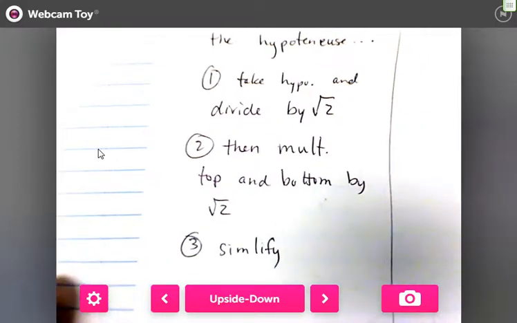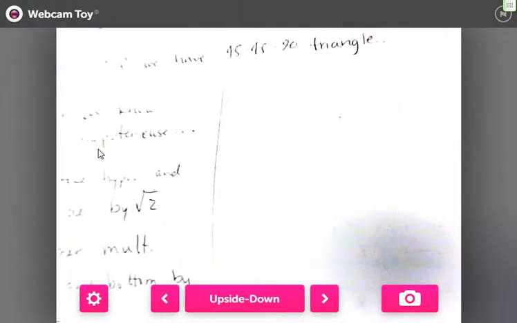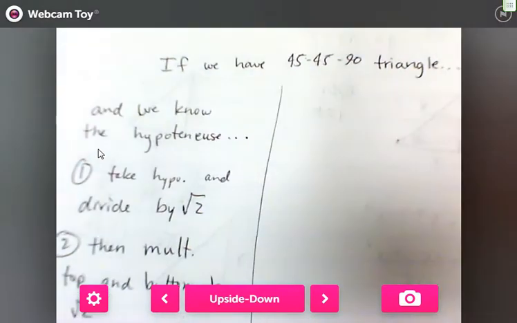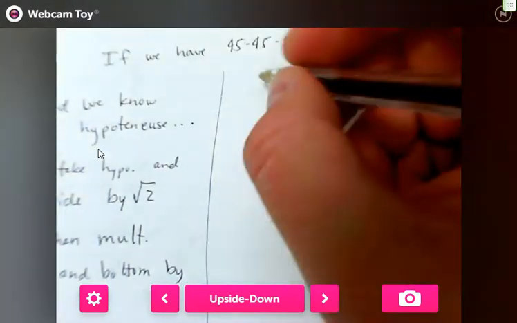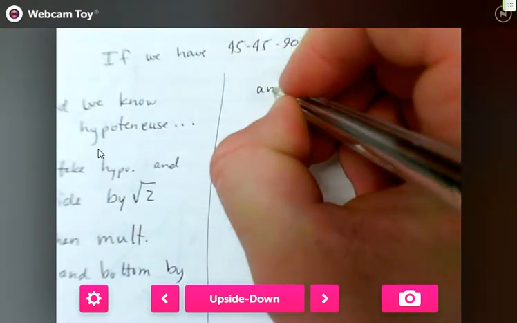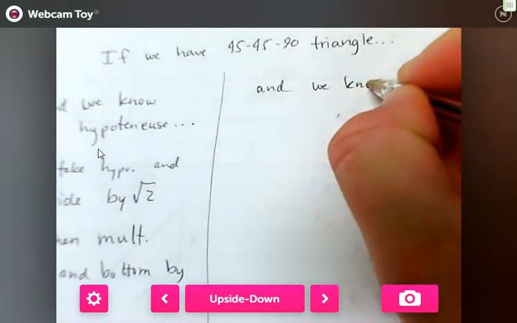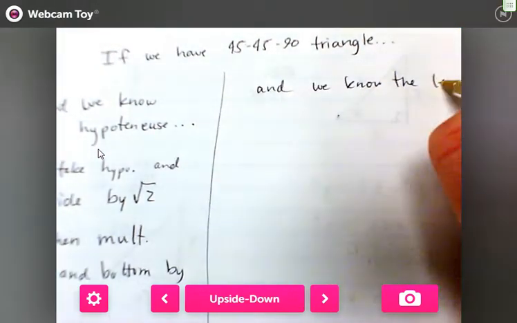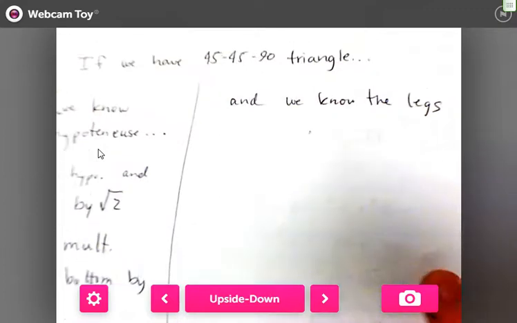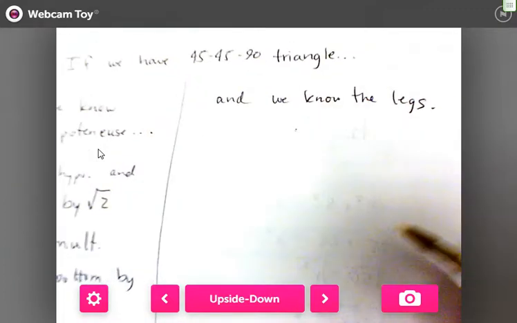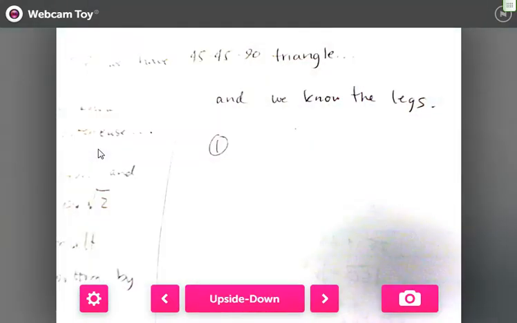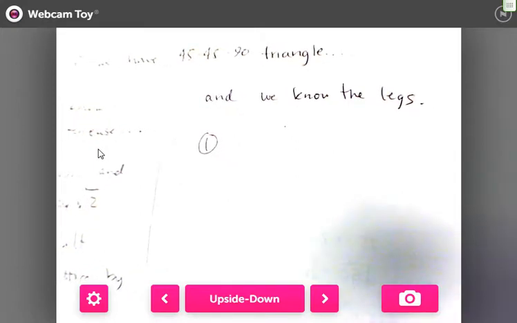On the left it says, and we know the hypotenuse. And on the right side, I'm going to put, and we know the legs. Then what do we do? What's the first step there? If the leg was 5, what did we do to find the hypotenuse?